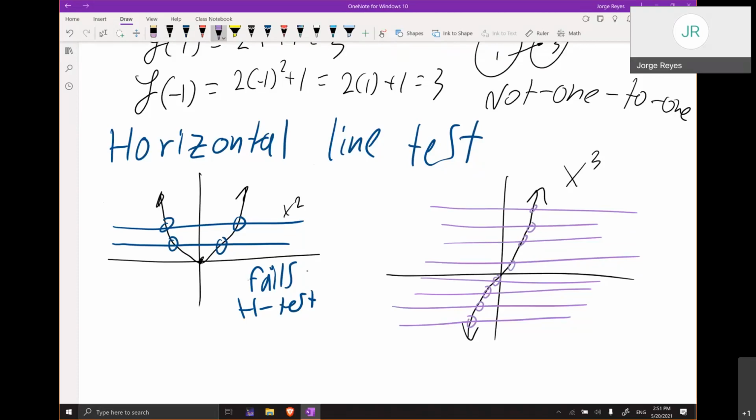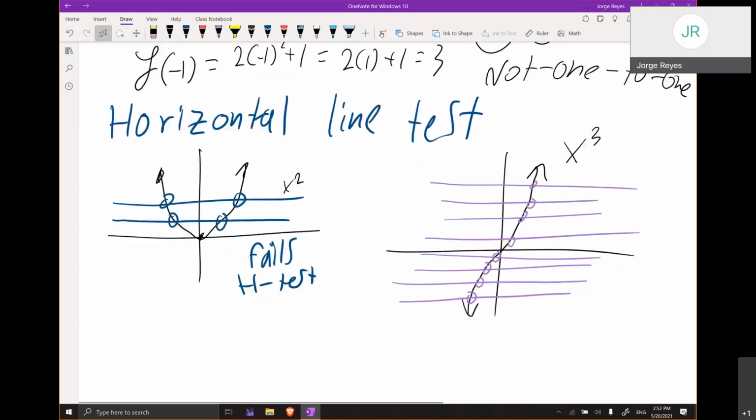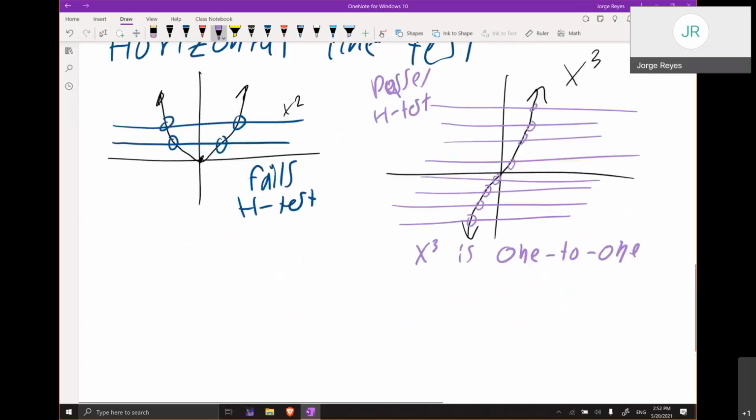So this passes the horizontal line test. So x cubed is 1-to-1.